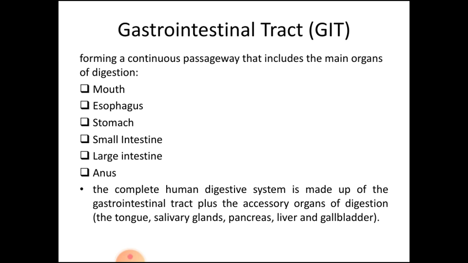These accessory organs also help to digest food. The tongue moves the food down, and the salivary glands contain specialized enzymes such as alpha amylase, which helps to digest carbohydrates. The pancreas releases specific enzymes that have a major function in digesting lipids and carbohydrates and increasing their absorption, and the liver and gallbladder secrete the bile acids.